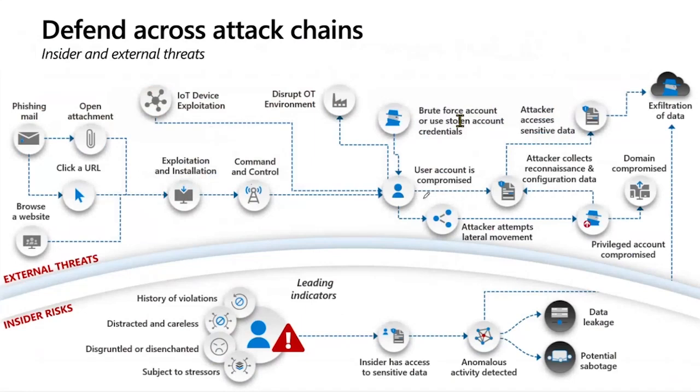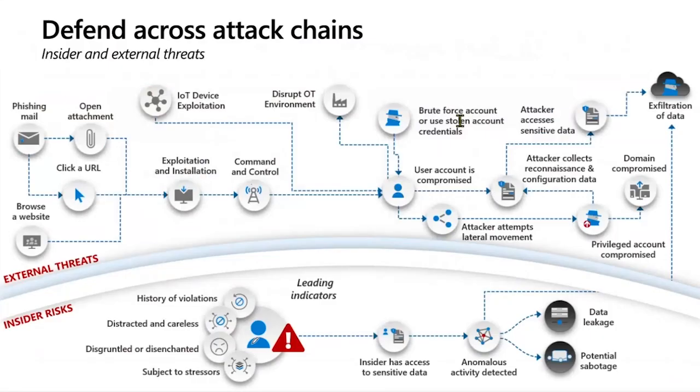Also, a user account is compromised. This kind of situation we see. And then data exfiltration, data access, application access, all these things happen. So we see this kind of attack chain across different platforms and places. Also, we see insider risk. Internal users are sometimes very dangerous. So we see insider risks, and for that we should have some kind of protection mechanism.